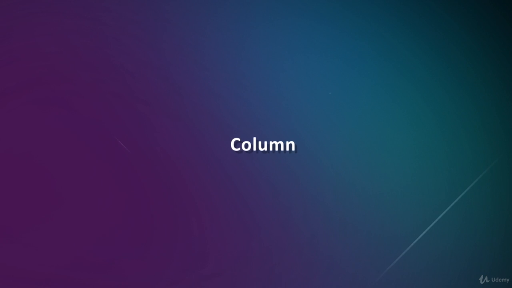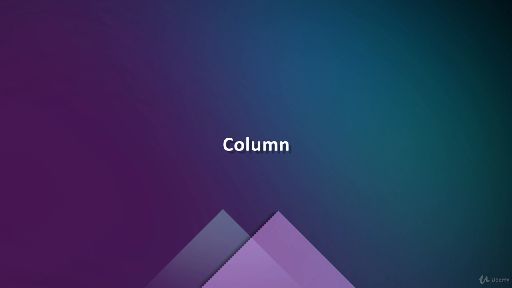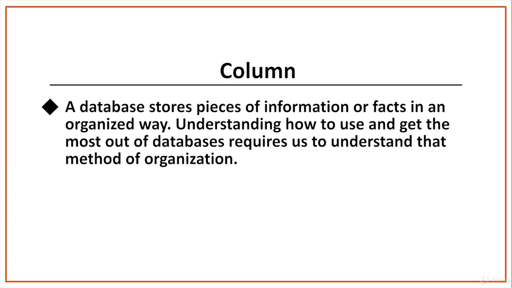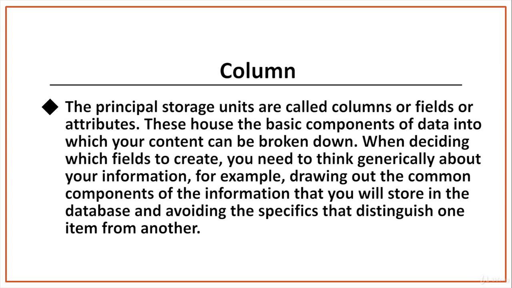And then we talk about columns. A database stores pieces of information or facts in an organized way. Understanding how to use and get the most out of databases requires us to understand that method of organization. The principal storage units are called columns or fields or attributes.